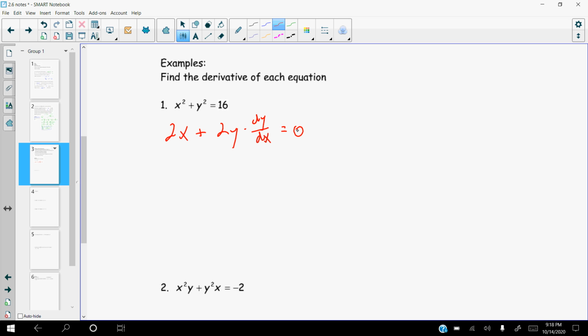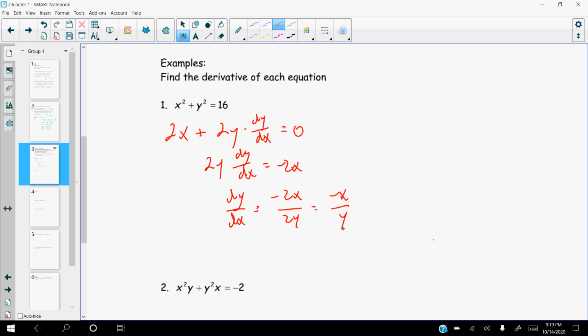So we can subtract 2x on both sides, and then we can divide both sides by 2y. And we get that dy dx is negative 2x over 2y. Of course, the 2's will cancel out there, so we get negative x over y.